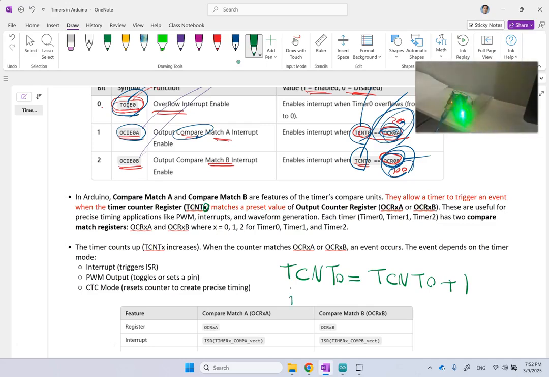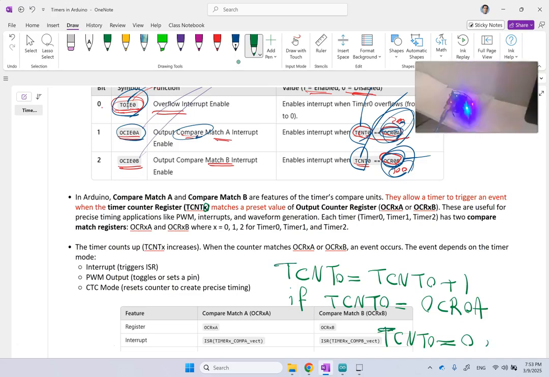And if this number reaches that OCRXA or XB, for instance, if this becomes equal to OCR0A, what's going to happen after that? So most of the time, this timer is going to reset back to 0. Goes back to 0. Okay?